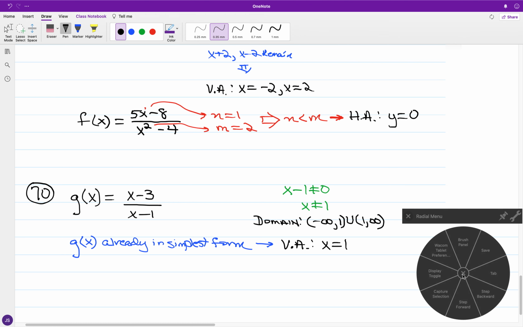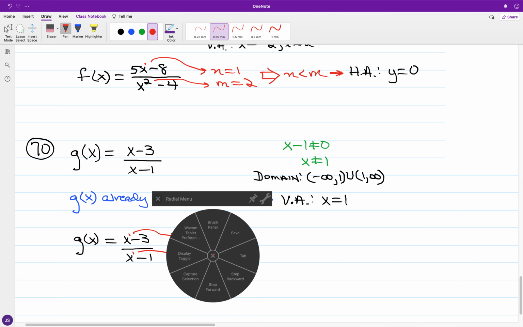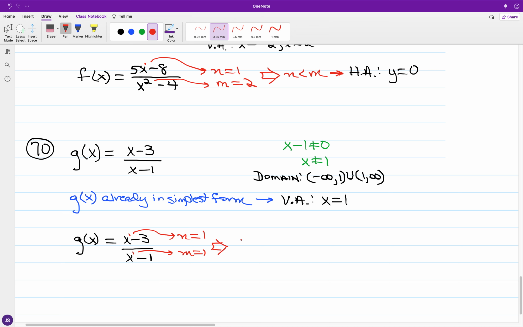And for the degree comparison, once again, you have g of x equal to (x minus 3) over (x minus 1). Both of the higher order terms are first degree. So you have n is equal to 1 and m is equal to 1, so n is equal to m.